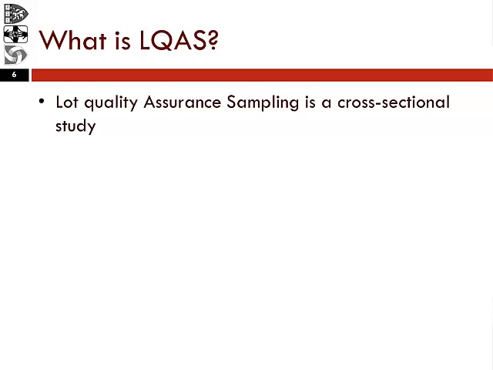So first of all, what is lot quality assurance sampling? It is a special kind of cross-sectional study. So remember, we've talked about 3 different observational designs, and LQAS is a special type of cross-sectional study. What is a cross-sectional study? In your own words, it's one point in time.